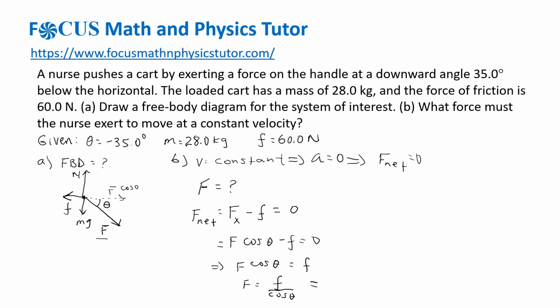All right, so we know the friction force is 16.0 newtons divided by the cosine of the angle, cosine of negative 35.0 degrees. And that's equal to 73.2 newtons.